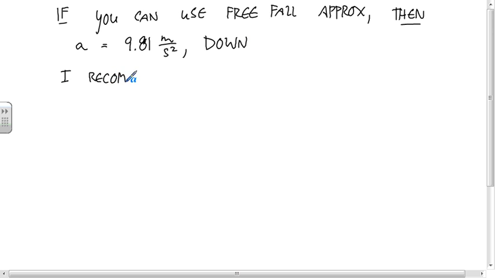I recommend, I've been saying how when you're doing constant acceleration problems, you get to choose what your positive direction is. But I recommend with free fall problems, just always choose your positive direction up.